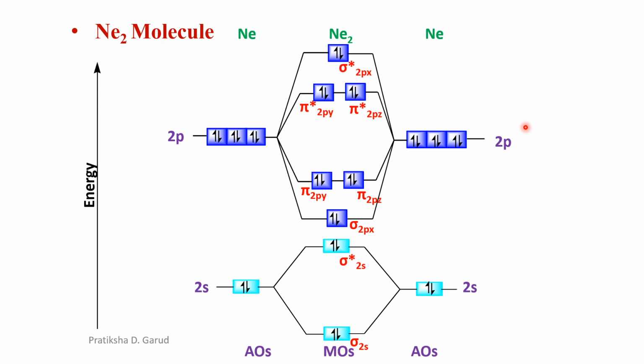So we can say that the electronic configuration for this is KK for the 1s atomic orbital, then sigma 2s2, sigma asterisk 2s2, sigma 2px2, pi 2py2, pi 2pz2, pi asterisk 2py2, pi asterisk 2pz2, and finally sigma asterisk 2px2.